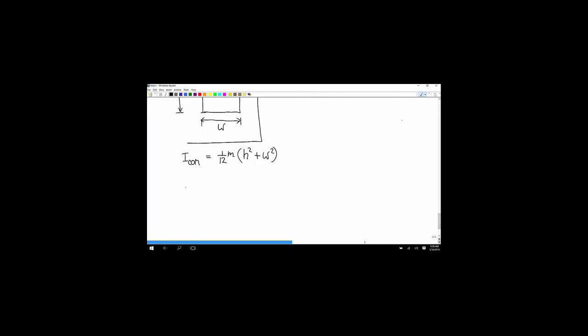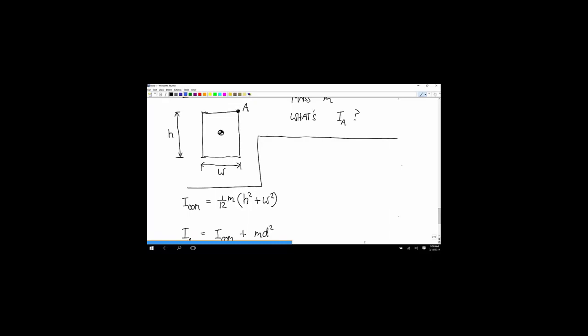And then the parallel axis theorem says the mass moment of inertia about A is equal to the mass moment of inertia about the center of mass plus md squared. What's d squared in this case? So we're talking about this distance d.